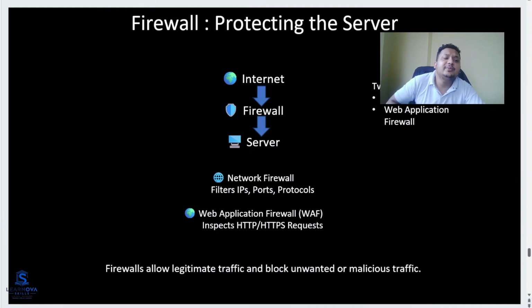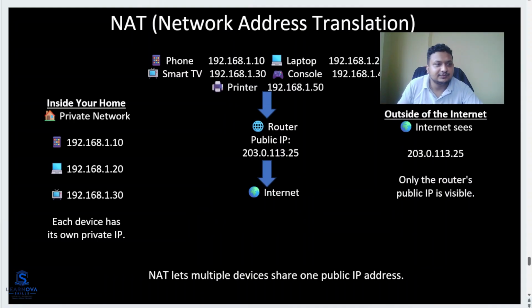Let's look at how multiple devices inside our home can share a public address. You can see NAT, network address translator. Imagine my home has five devices. My phone has one private IP, my laptop has another, my smart TV has another, my console has another, and my printer has another.